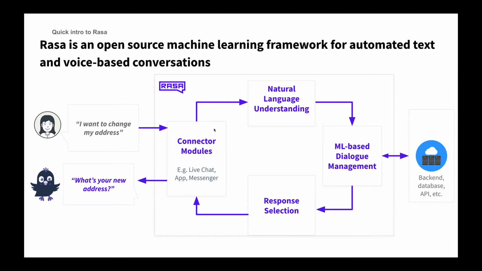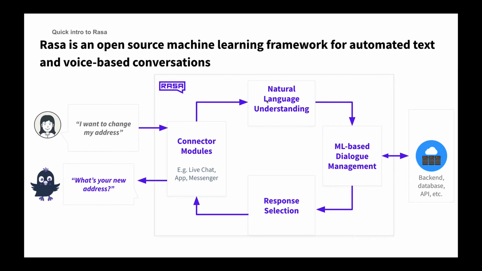And then the next step that this message will go through is a natural language understanding component, NLU. And this is necessary for an assistant to understand what the user message is about. So an assistant has to understand what is the intention of the input. So an assistant will do intent classification under the hood at this step.